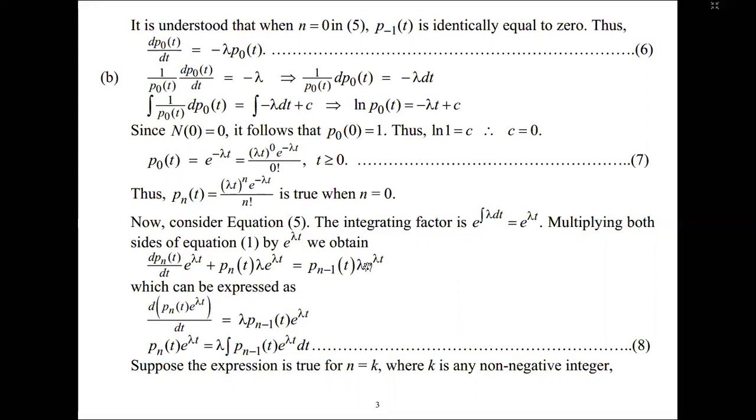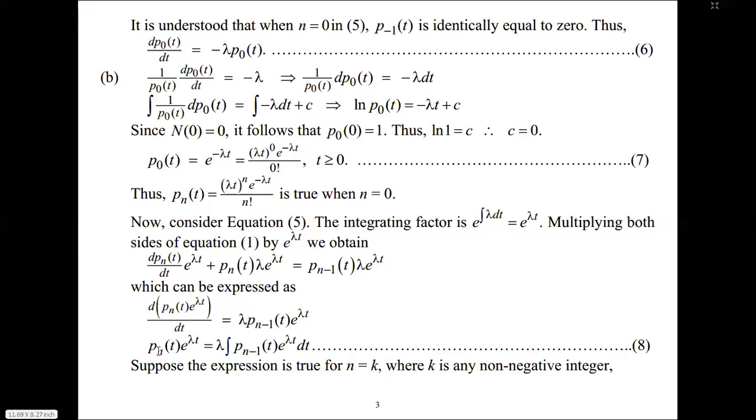We obtain this equation. So the left-hand side of this equation can be written in this form. It means when you differentiate this, you get this. So the left-hand side can be written in this form, where we multiply through by dt, then we obtain equation 8 over here.